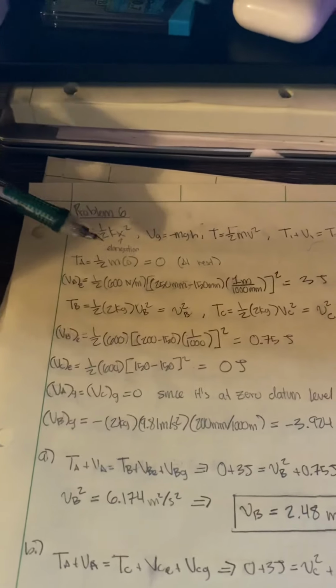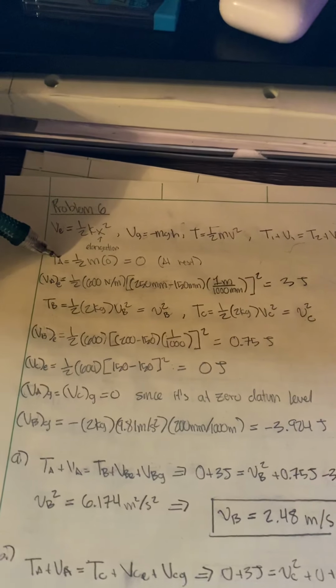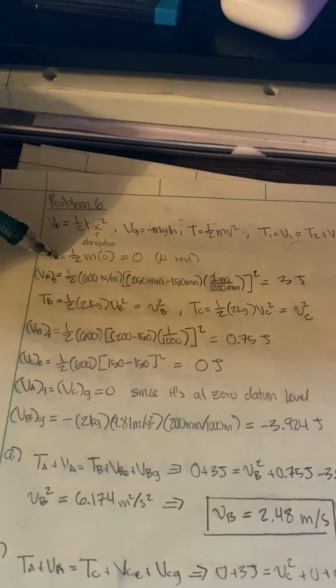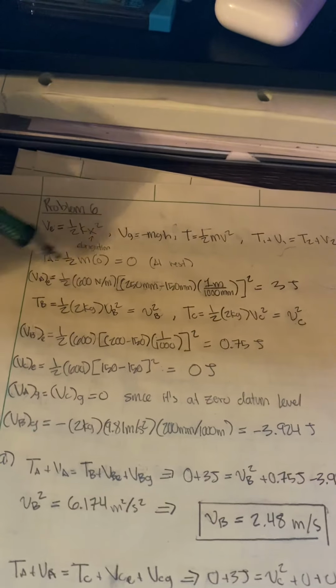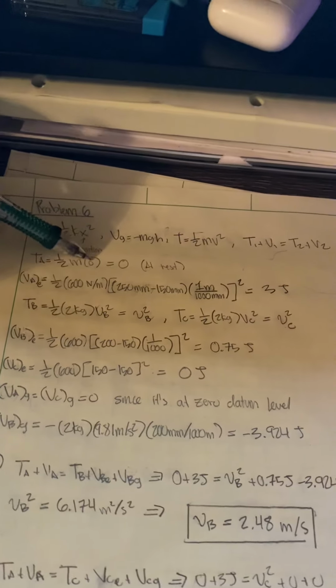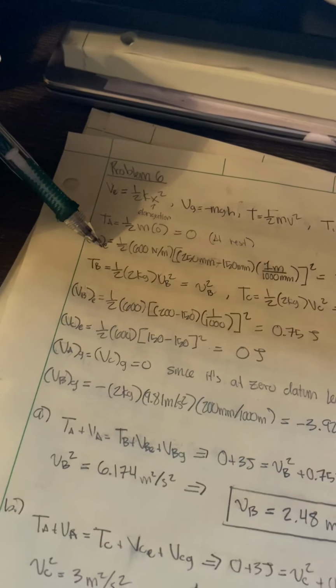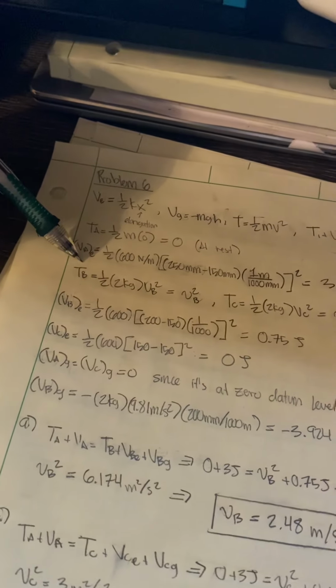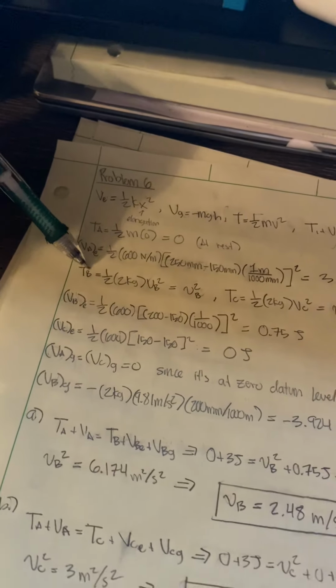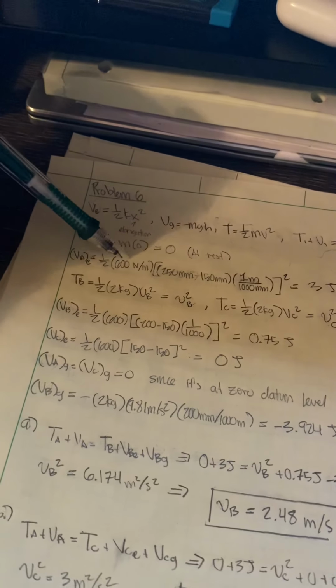So then we could solve at point A. The kinetic energy is 0 since it's at rest, so the velocity will be 0. Then we figure out the potential energy for the springs.